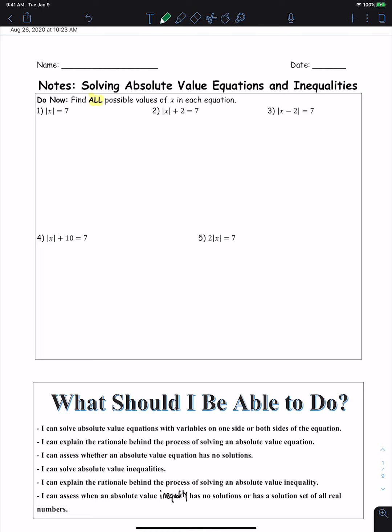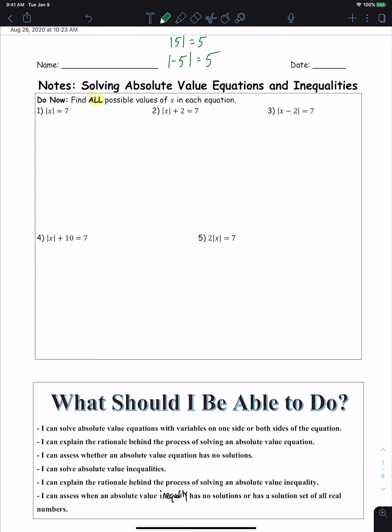So number 1, the absolute value of x is equal to 7. In order to solve this equation, we have to understand absolute value. So absolute value, let's say like absolute value 5. The absolute value of 5 is just 5. And the absolute value of negative 5 is the same thing. It's just 5.